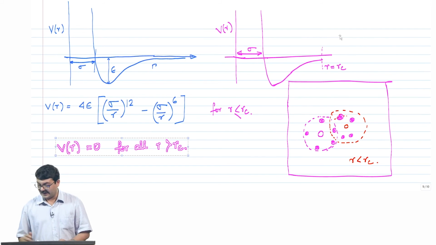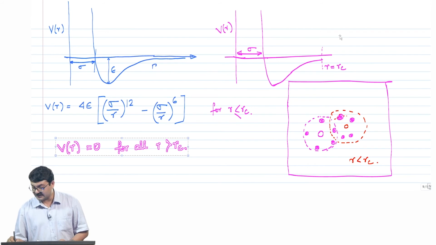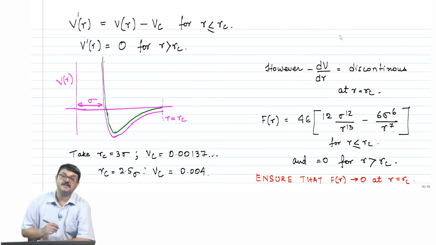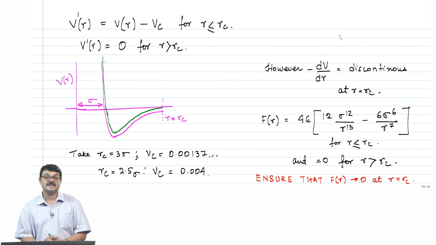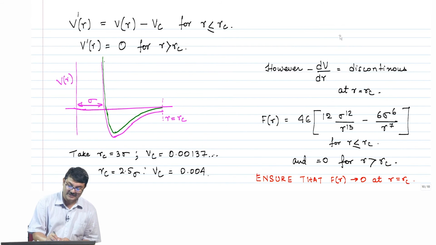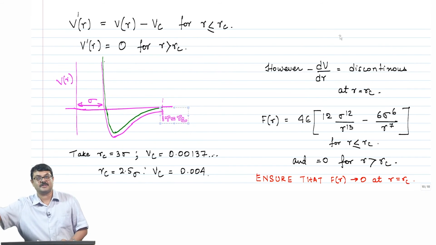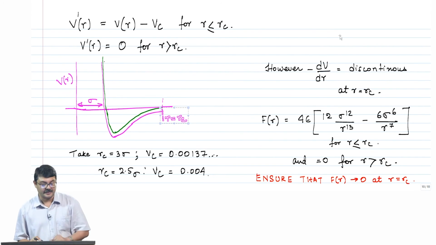So, that is very nice and good, but there is always a but and there is a problem. The problem is that the potential becomes discontinuous at R equal to R c. There is a finite value of the potential here, and suddenly there is a jump and the potential goes to 0, because you have cut it off.